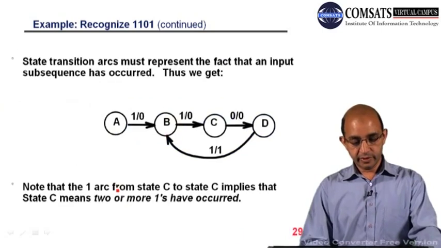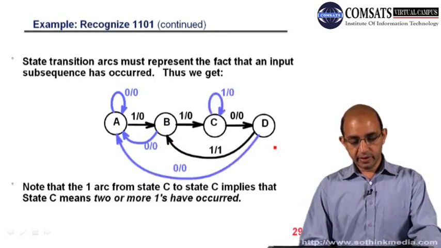We all know that the arrows or arcs represent the transitions. So these are the possible transitions, and here you can see that we have from D to 0 0.